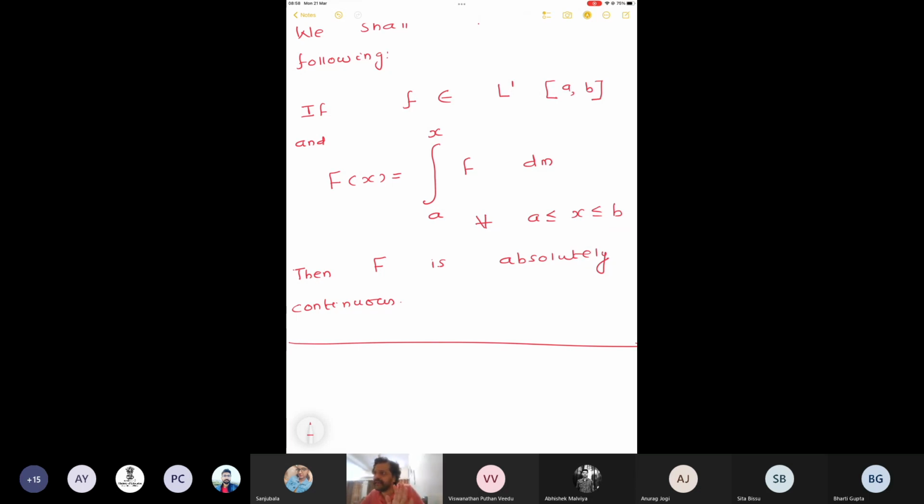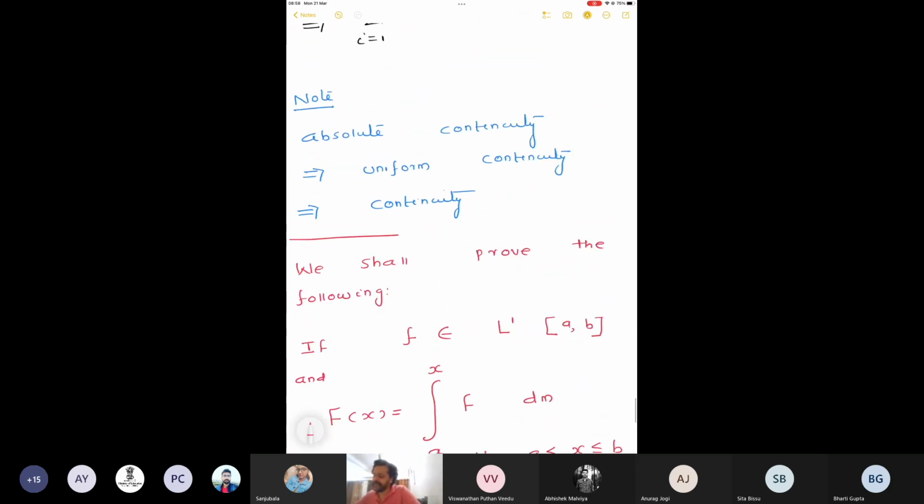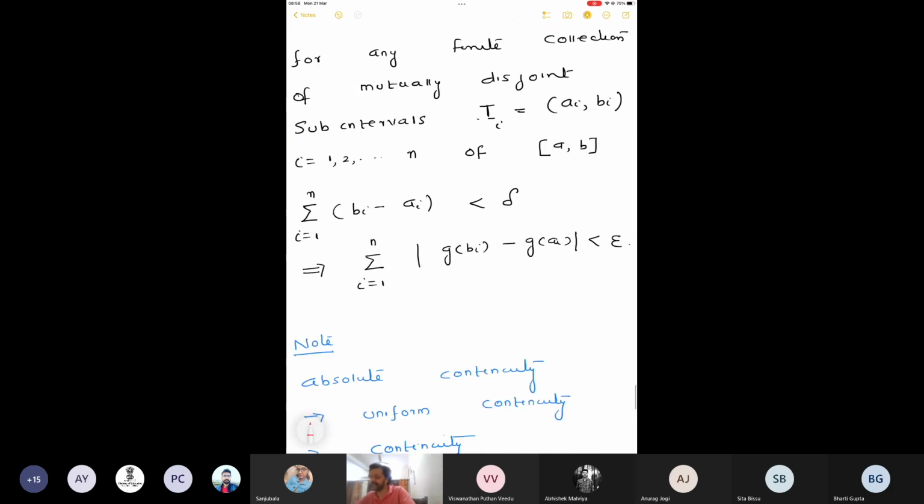So that is the tagline. You should keep this in mind. Okay, that's our next theorem, main theorem. Is that okay? So we have introduced a new class of functions, absolutely continuous. Why we want absolute continuity while studying Lebesgue integration is because of this result.